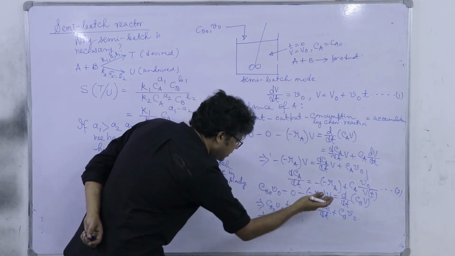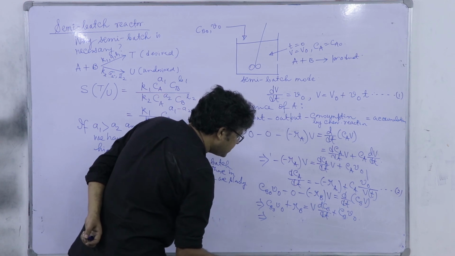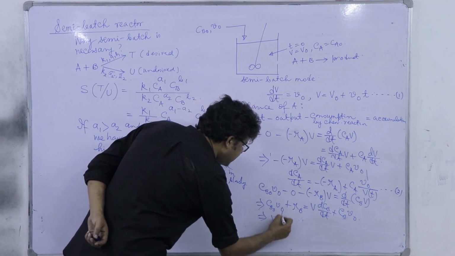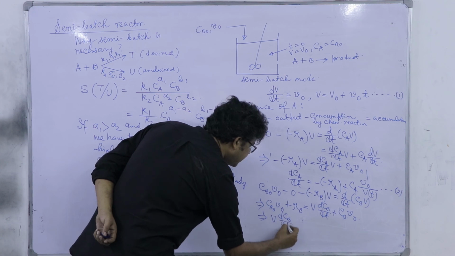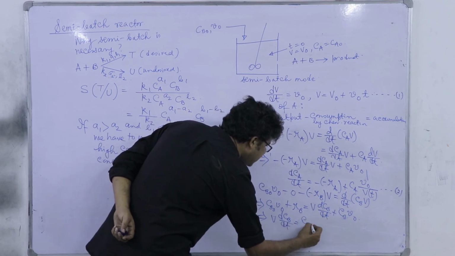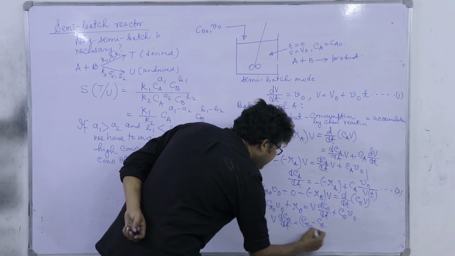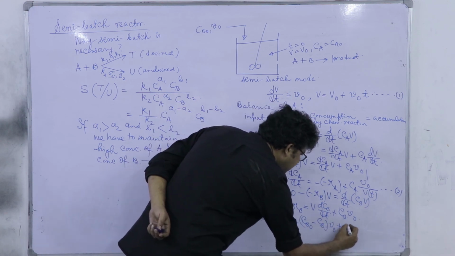So, V into dCb dt equal to Cb naught minus Cb into V naught plus Rb.